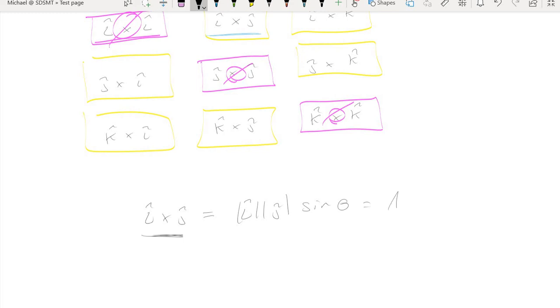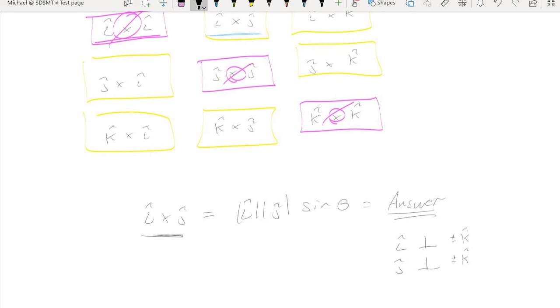Whatever this answer is, it has to have a vector direction that points perpendicular to the 2 vectors that were used to make it. Well, only a vector that points in the k hat direction is going to meet that requirement, but it could be plus or minus k.